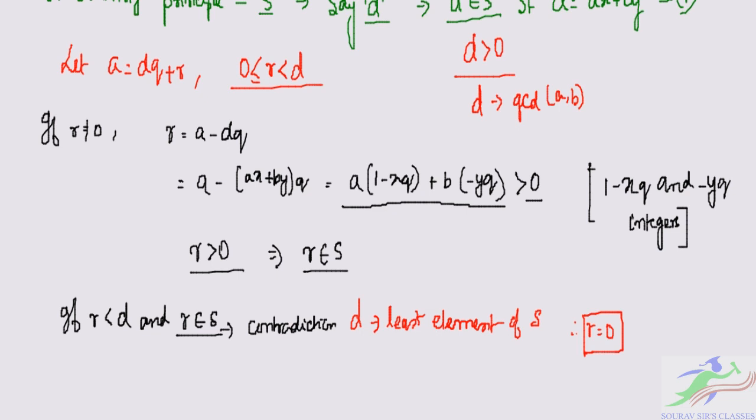Now what will be the value of A? So simply from here, this is the equation. So A is equal to DQ, simple DQ.